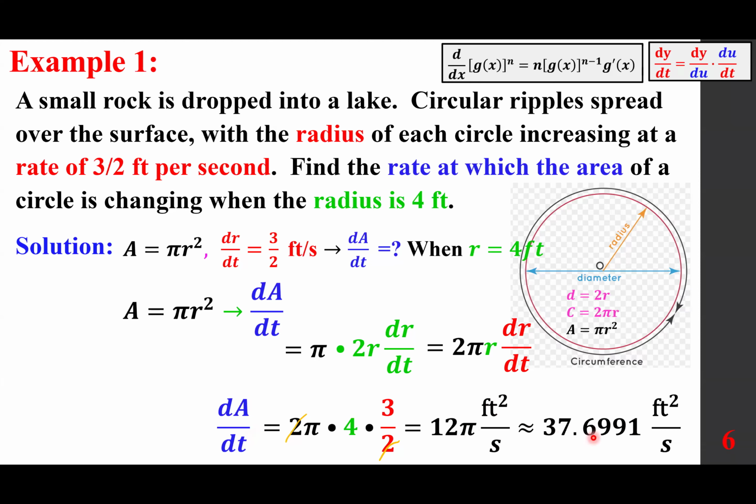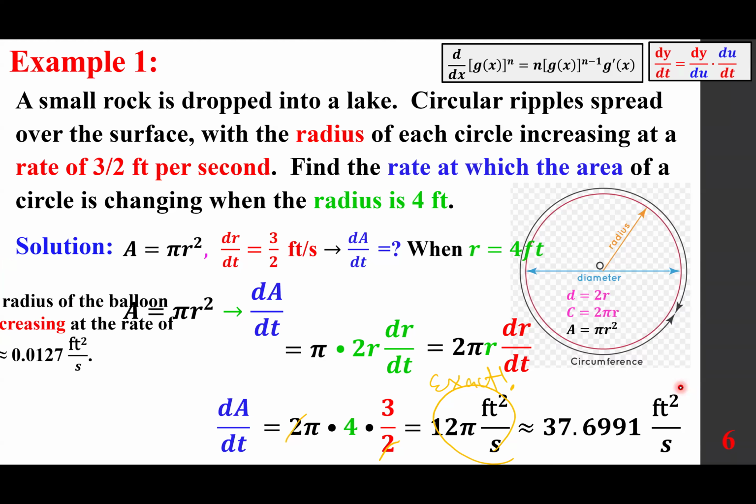This is a rough estimate. Always go with exact. So let me just write that. This is an exact answer, everybody. Always go with exact, okay? And then if they ask you for decimals, then you follow that. 37.6991 square feet per second. Again, this number is positive.